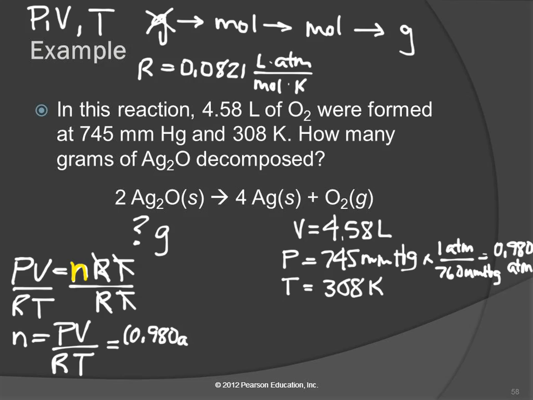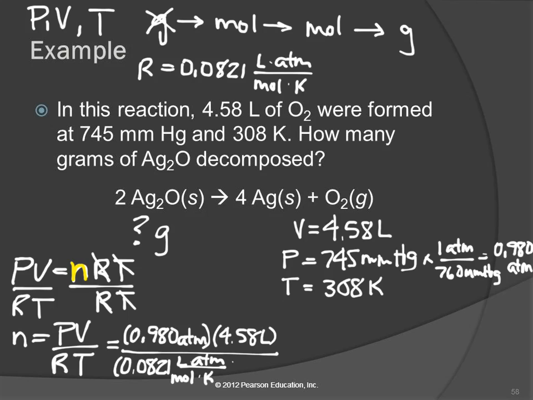0.980 atmospheres. And the volume is 4.58 liters. And R is always the same. It's always nice when there's some constants in life. And 308 Kelvin. Just be careful that you don't miscommunicate with your calculator there.